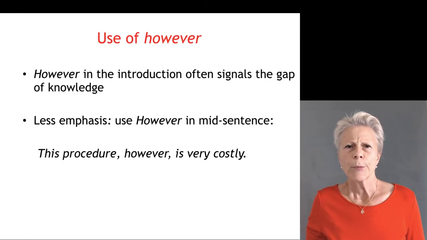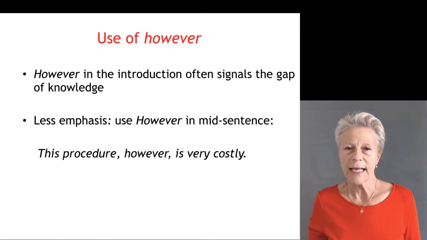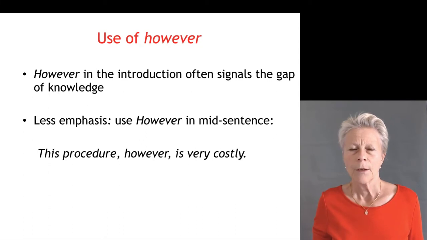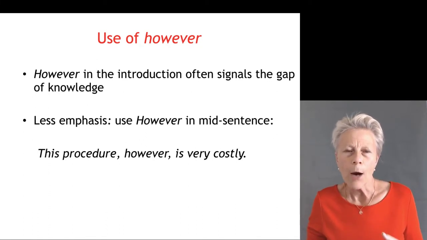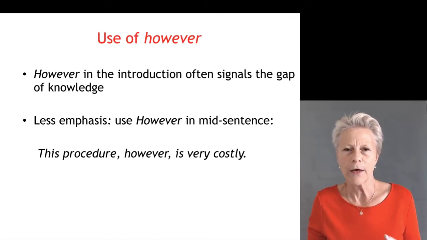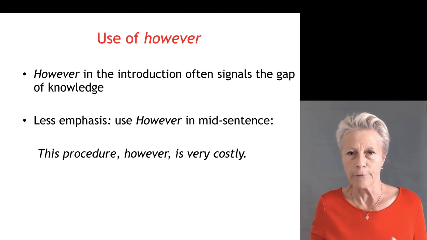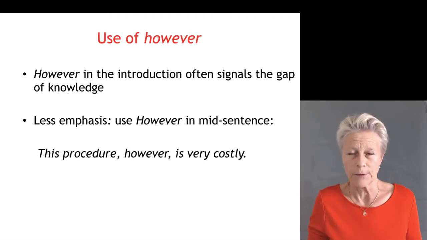Just some more important points about the use of however. However, in the introduction often signals the gap of knowledge. So it is smart to use it for that purpose as a signal. But preferably, don't use more howevers in the introduction. Just try to find other linking words if you really need to address another contradiction.